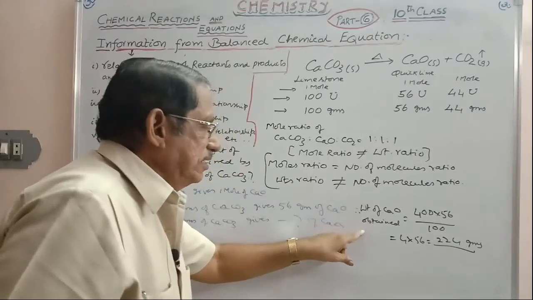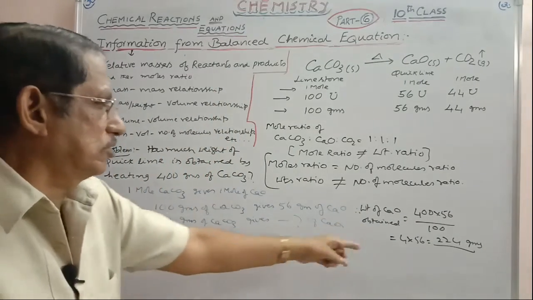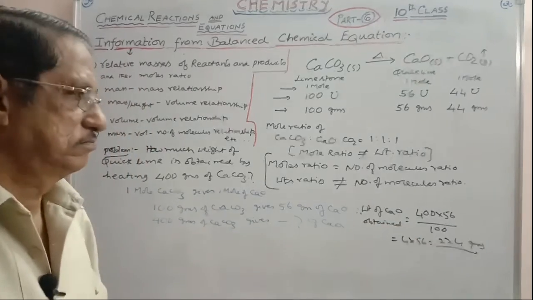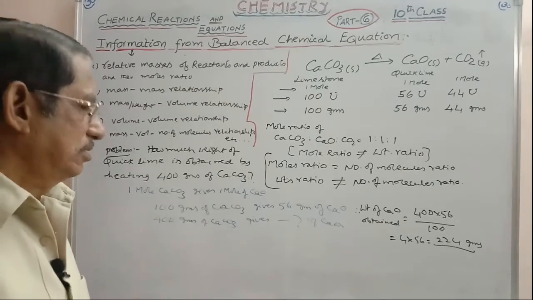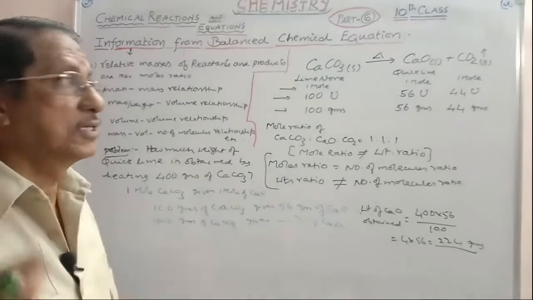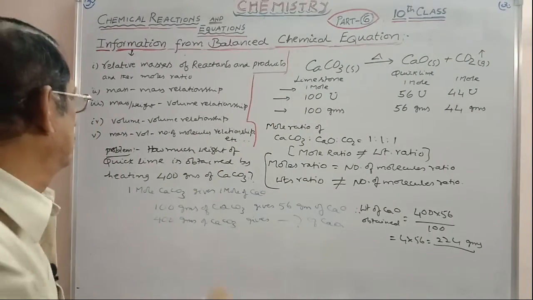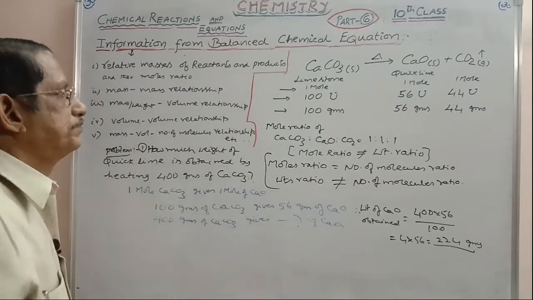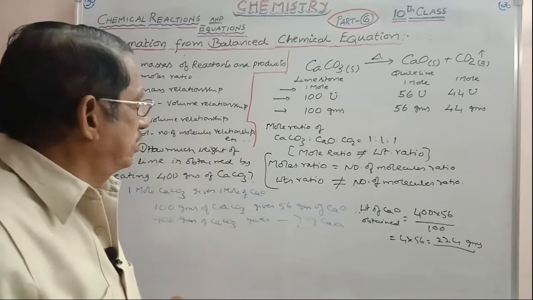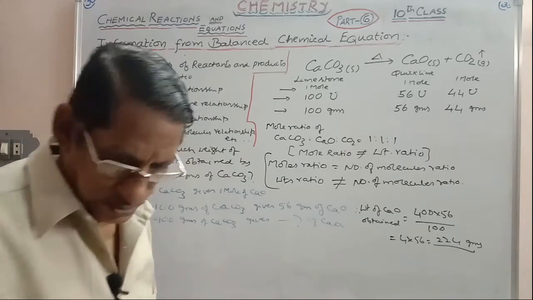So, weight of CaO obtained by heating 400 grams of CaCO3 is 224 grams. Simple calculation. Almost equal to lower level problem. But you have to know the meaning of the equation. So, this is problem number 1. We will try to do some more problems. Please note it meanwhile.